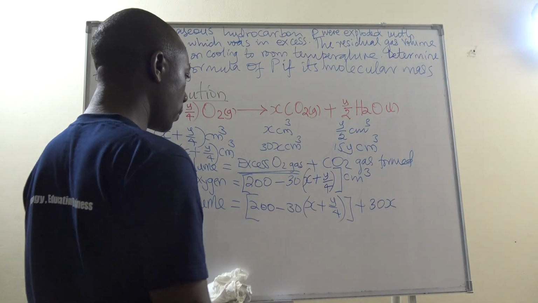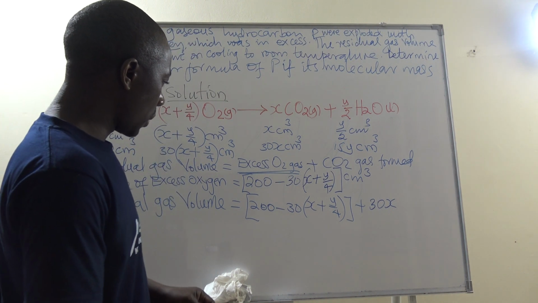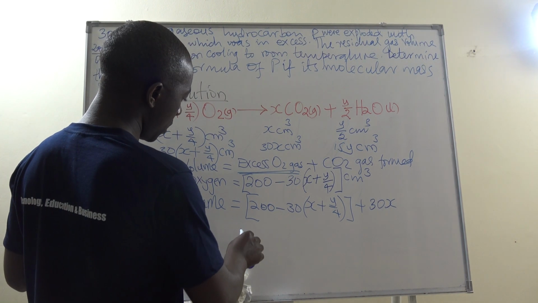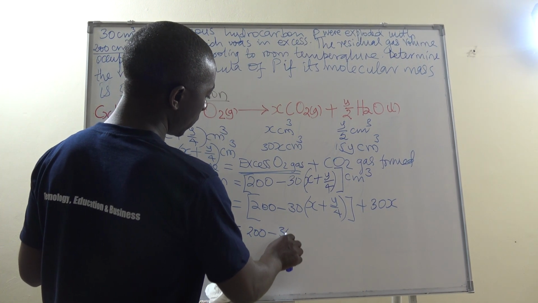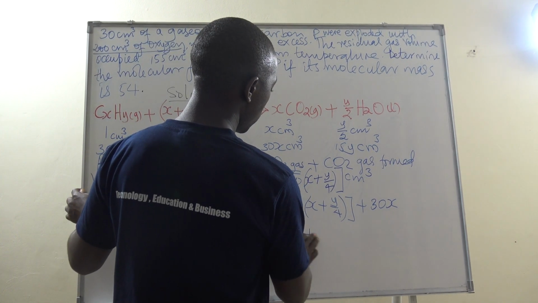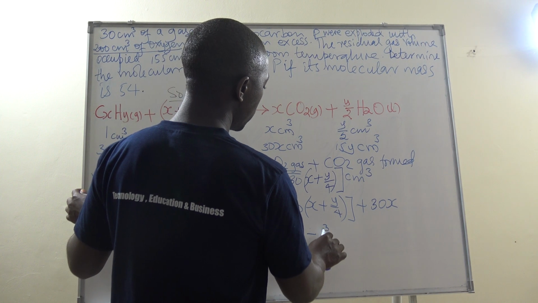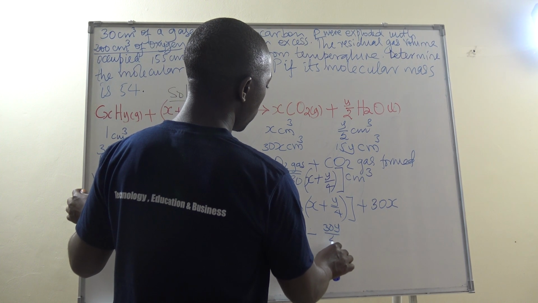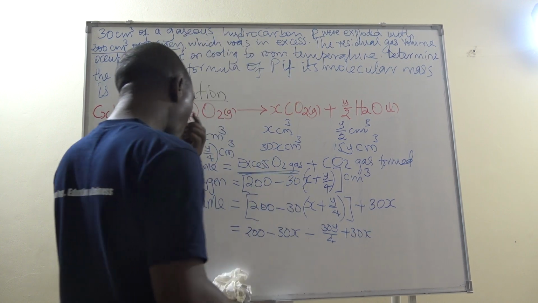Now, this one we can simplify. When we are trying to simplify it, we can say this is 200 minus 30x, plus, no, this is also minus 30y out of 4, then plus 30x.